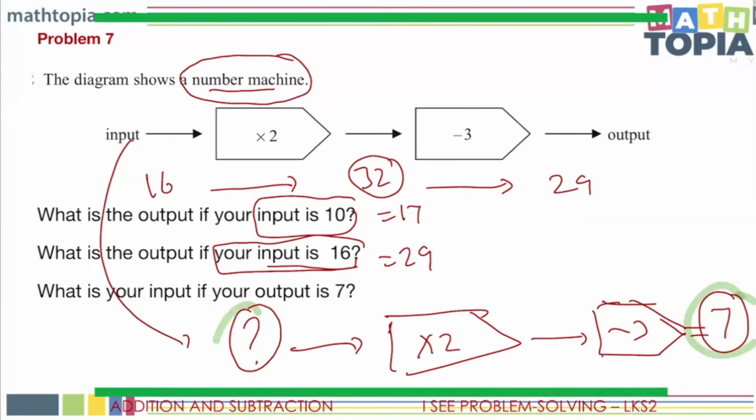What is your input? How do you go backward? How do you go from output to input? What number should you enter to get this output as 7?